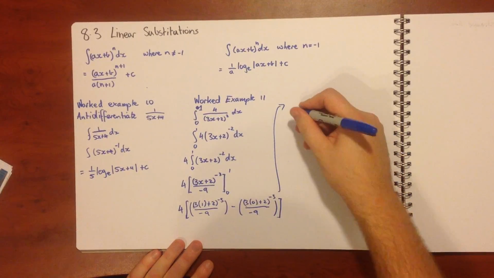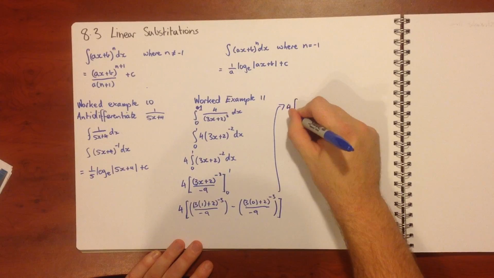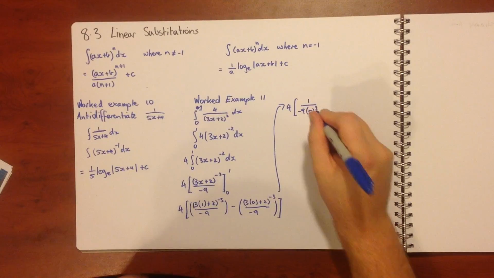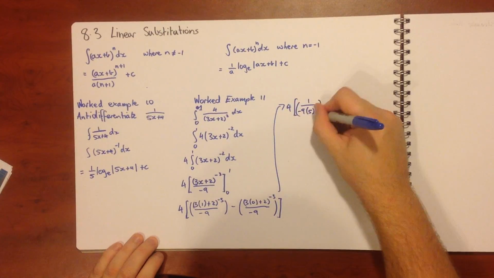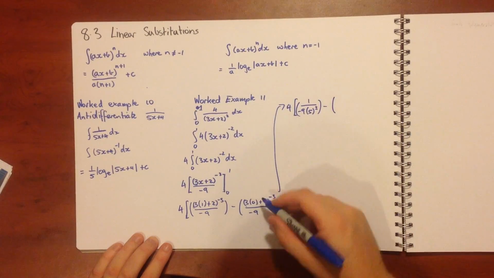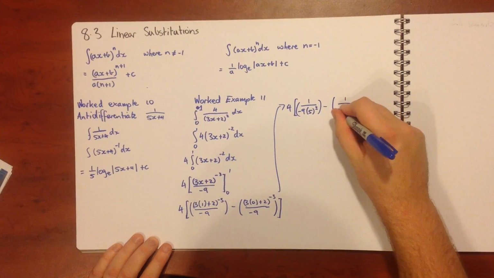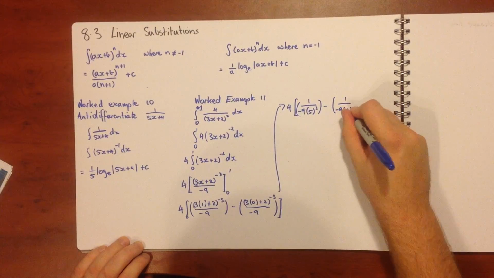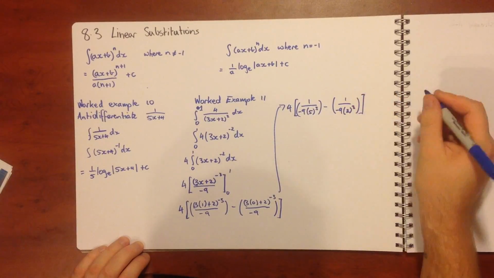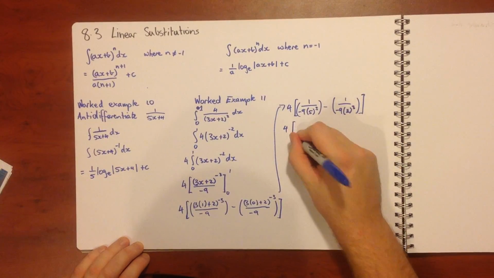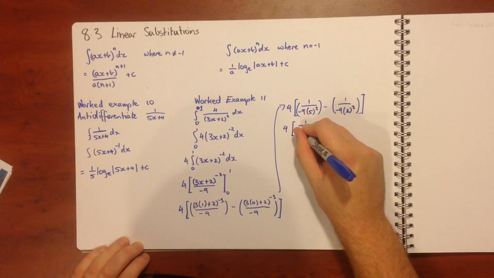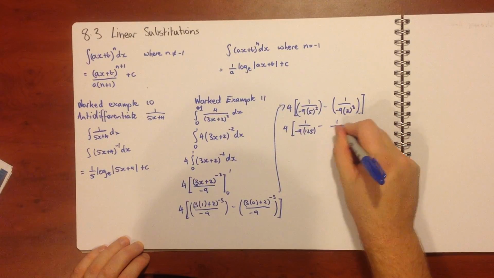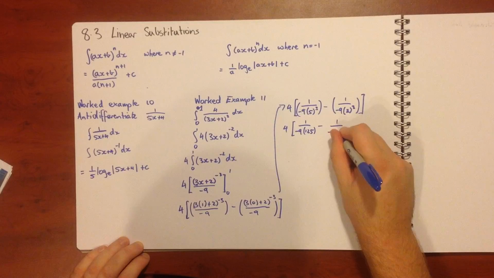So we've got our 4 outside of 1 over negative 9 times 5 cubed, minus 1 over negative 9 times, 3 times 0 is 0, plus 2 is obviously 2 cubed. So when we do that, we've got 1 over negative 9 times 125 minus 1 over negative 9 times 8.